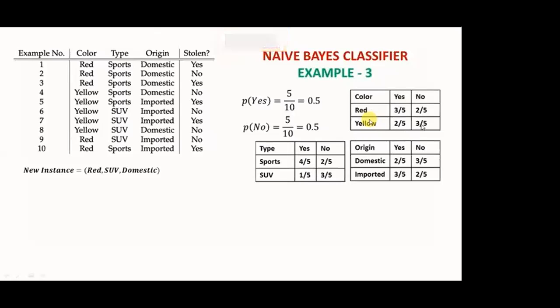Probability of yellow car not being stolen, 3 by 5. Sports vehicle, 4 by 5. Stolen, no, 2 by 5. SUV, 1 by 5. You have to see the table, and then see this data and fill this table. For these three attributes, respectively, you will just fill the values.